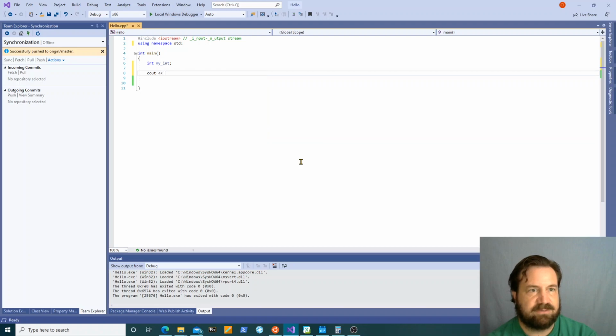Going to cout, pick a number between 1 and 10. We'll just do that for fun. Okay.